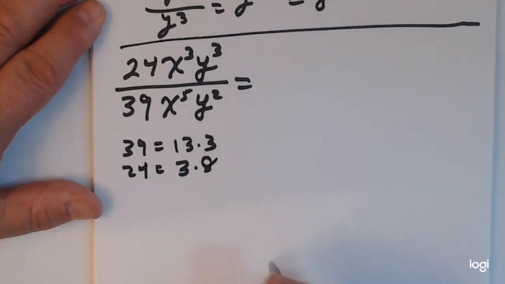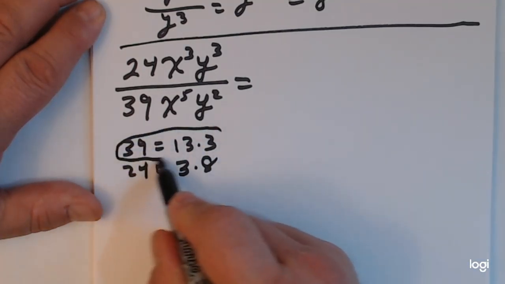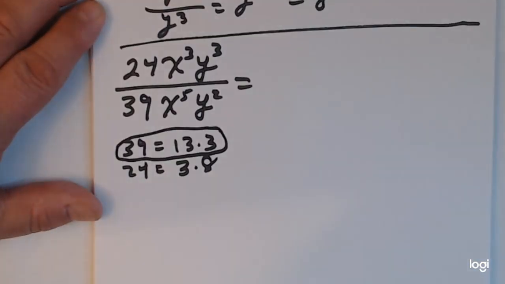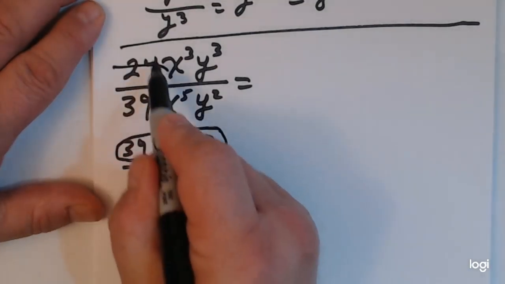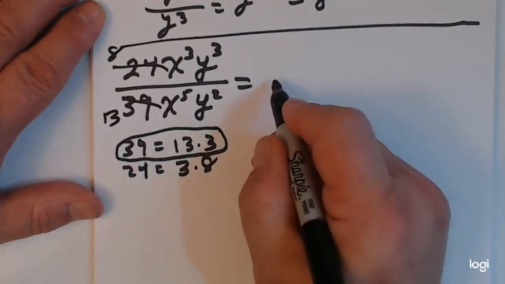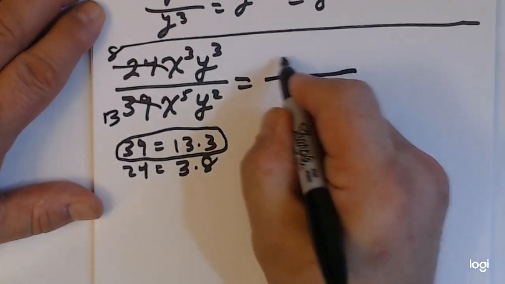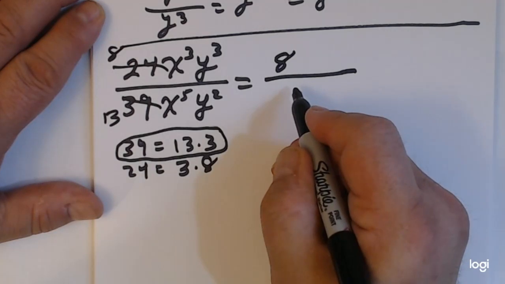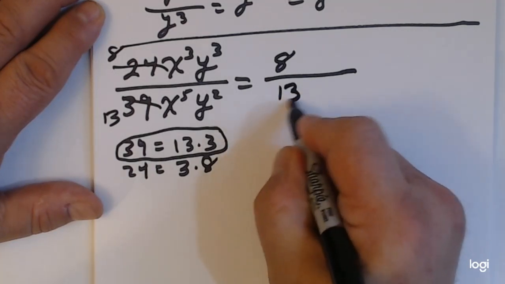So this is a prime factorization right here on 39, 13 times 3. So 3 is going to be the greatest common factor here. So 3 goes into 24 8 times and into 39 13 times. So we're going to have an 8 and a 13.